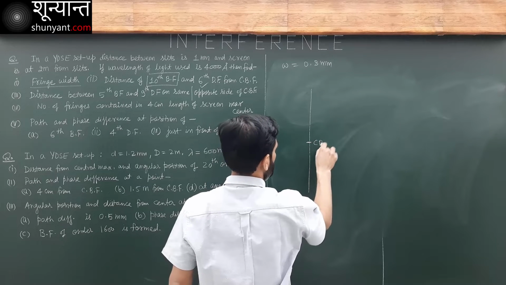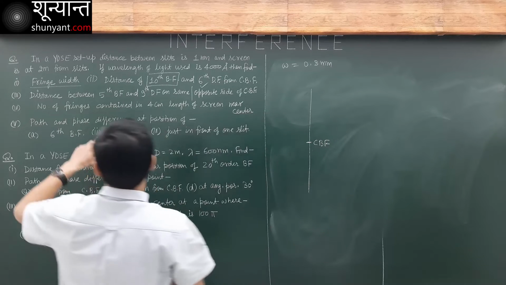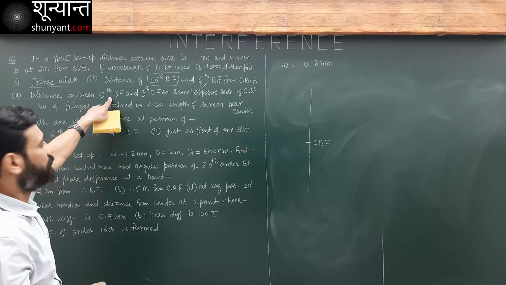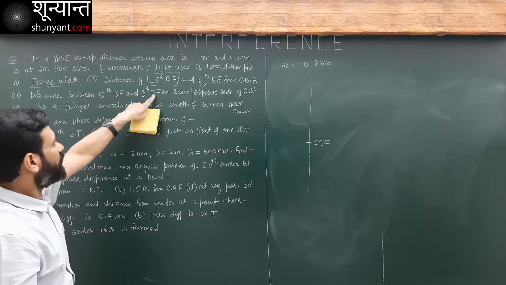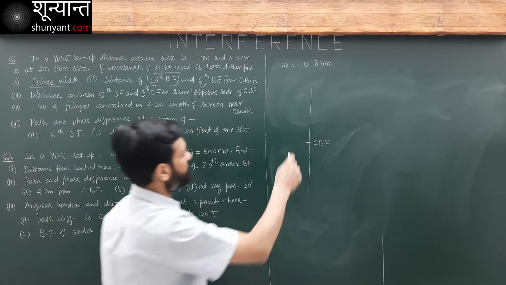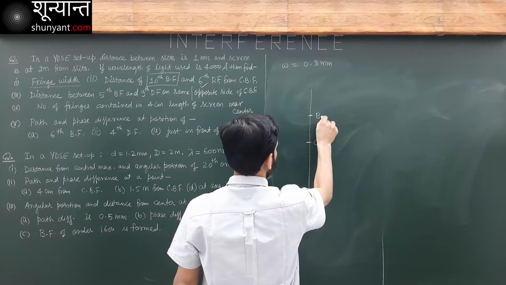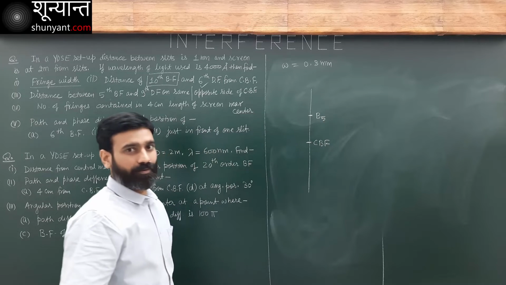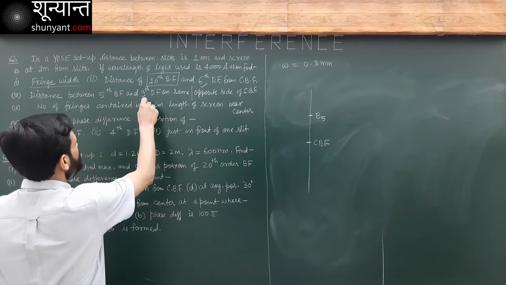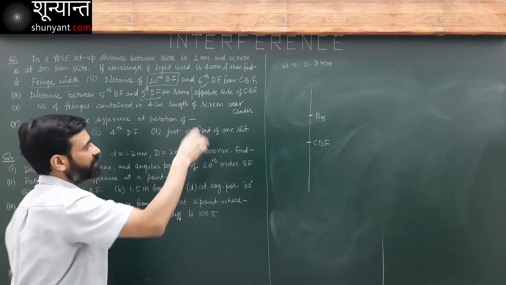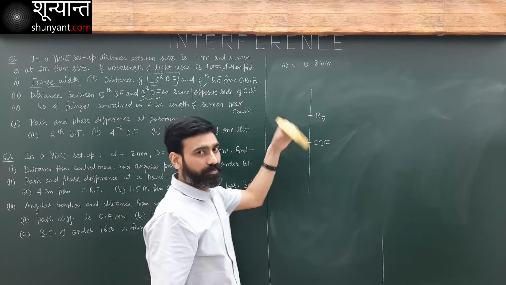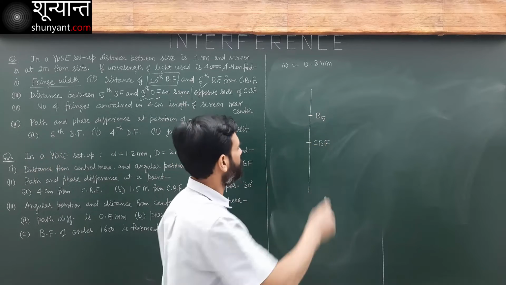I have the fifth bright fringe and the ninth dark fringe on the same side. Let's say this is the fifth bright fringe, and the ninth dark fringe on the same side. That means both are above the central bright fringe or both are below.